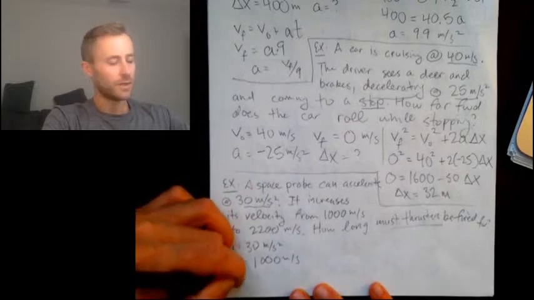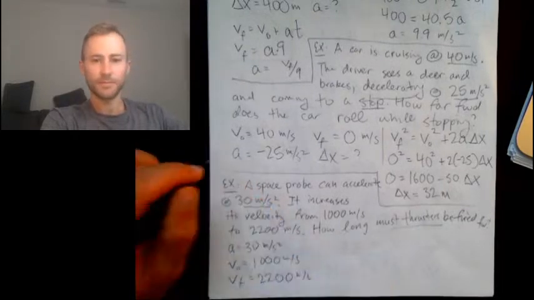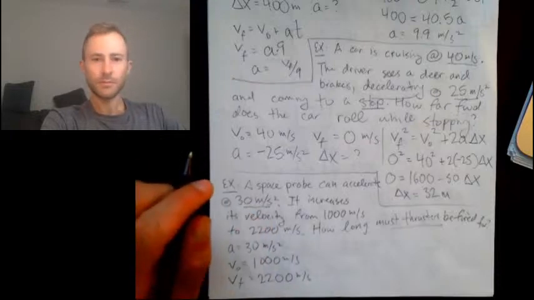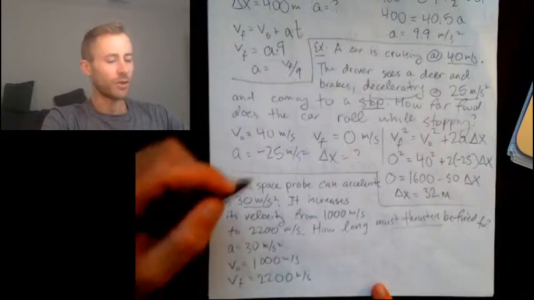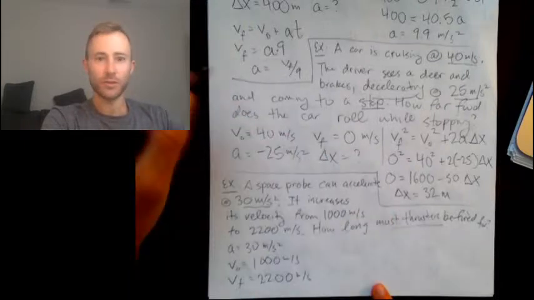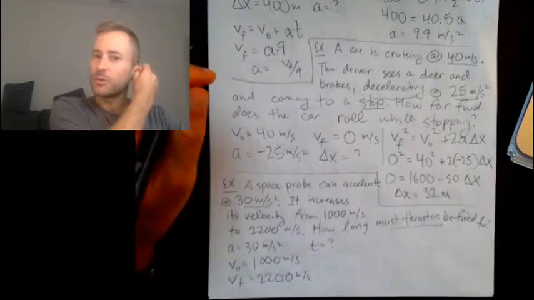V final is 2,200 meters per second. And then we're trying to get the amount of time that the thrusters are fired for. So t equals question mark.